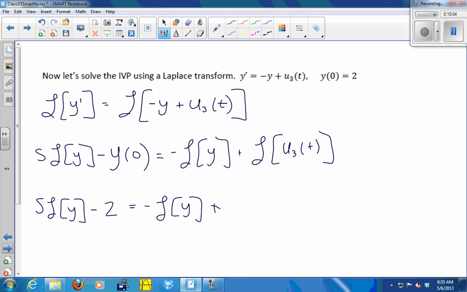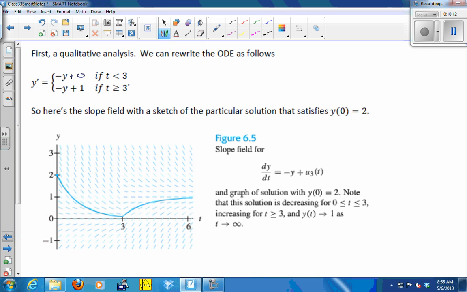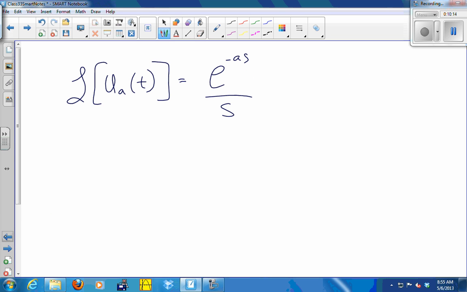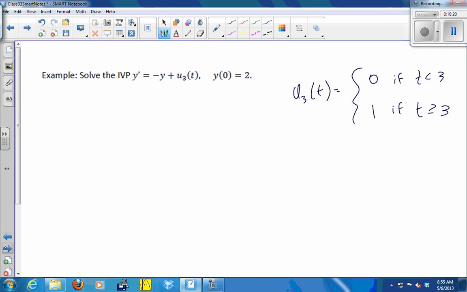And the Laplace transform of u3, we just learned how to calculate for any particular u sub a, and it was e to the negative as over s, and in this case a is 3. So e to the negative 3s over s.